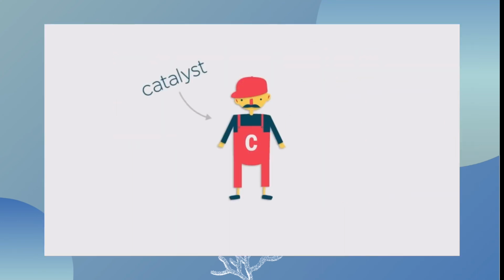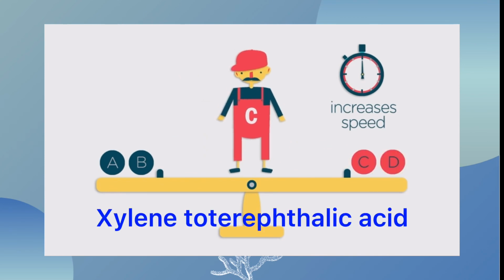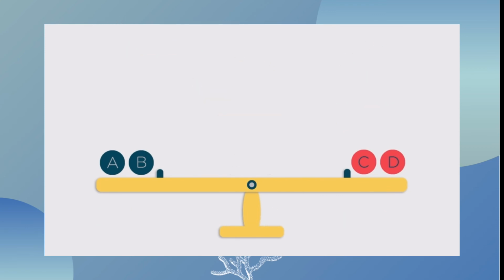Lastly, the applications of metal complex. Several cobalt compounds are used in chemical reactions as oxidation catalysts. Cobalt acetate is used for the conversion of xylene to terephthalic acid, the precursor to the bulk polymer polyethylene terephthalate.